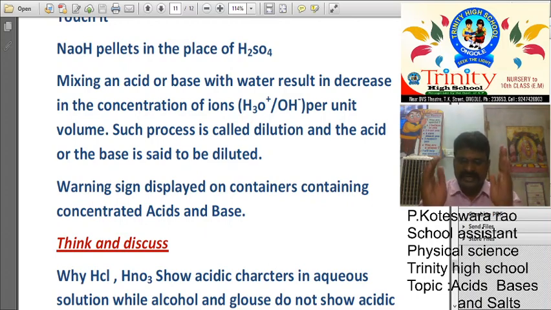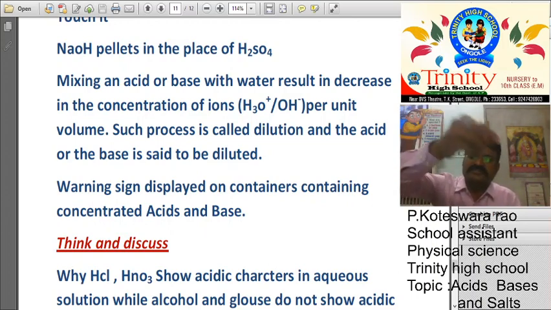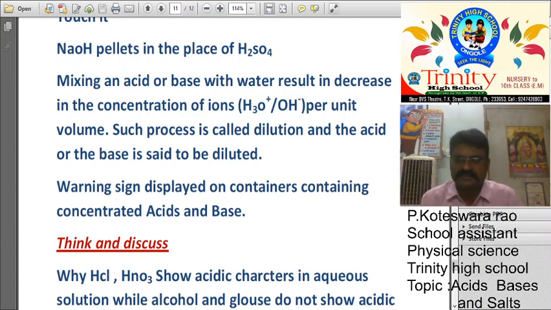So I think you have understood. Is water added to acid or base correct, or is acid added to water correct? Which one is correct? In the first condition, which we already conducted here, there is water, and we add acid or base dropwise. This is the correct method. It can produce heat, but we continuously stir and swirl, so no problem.